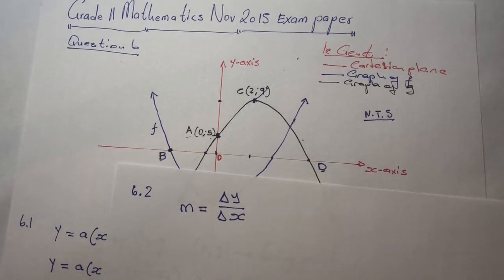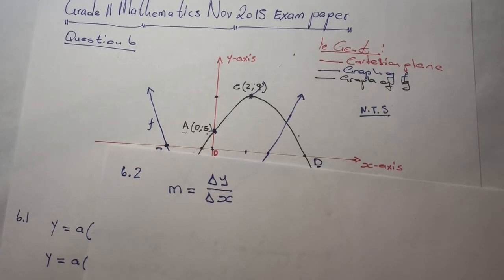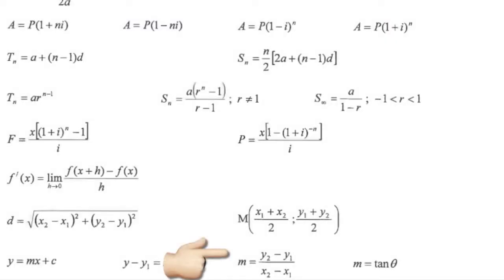And even if you can check on your formula sheet, I think you should be given the formula for calculating the gradient. Let's just quickly check if there is a formula for calculating the gradient. So as you can see, we've got a formula, but you should at all times know this formula by heart, that the gradient is the change in y over the change in x.